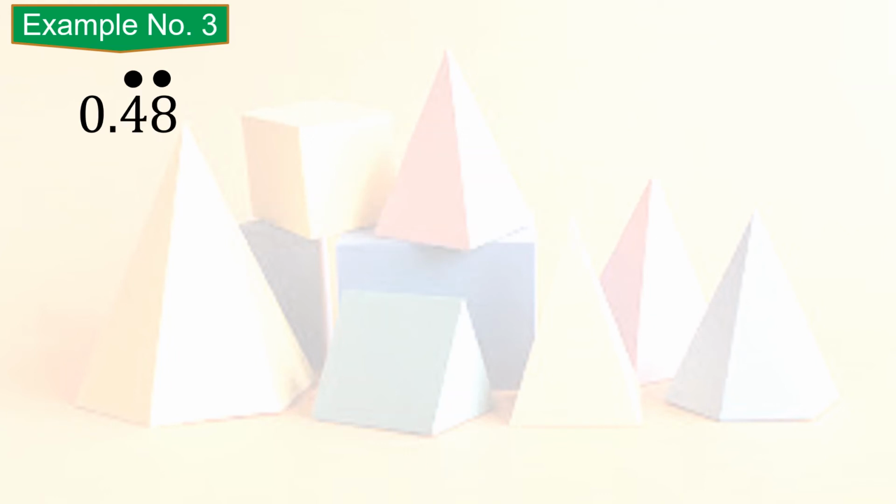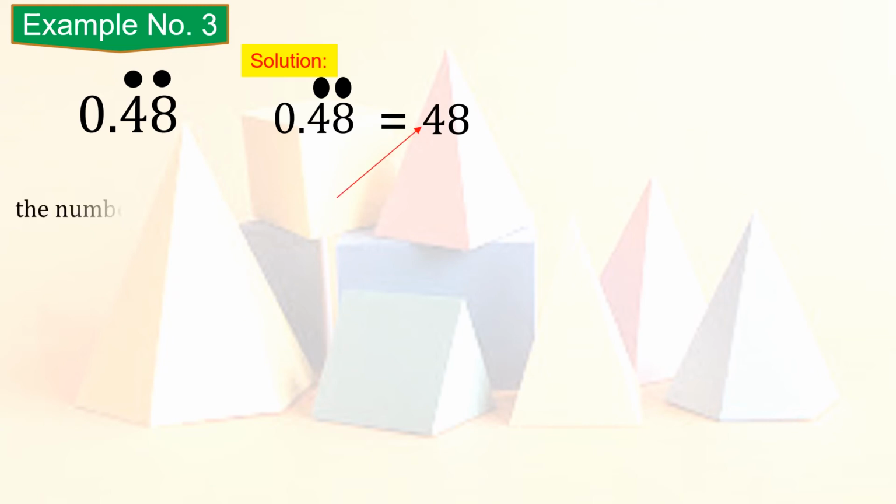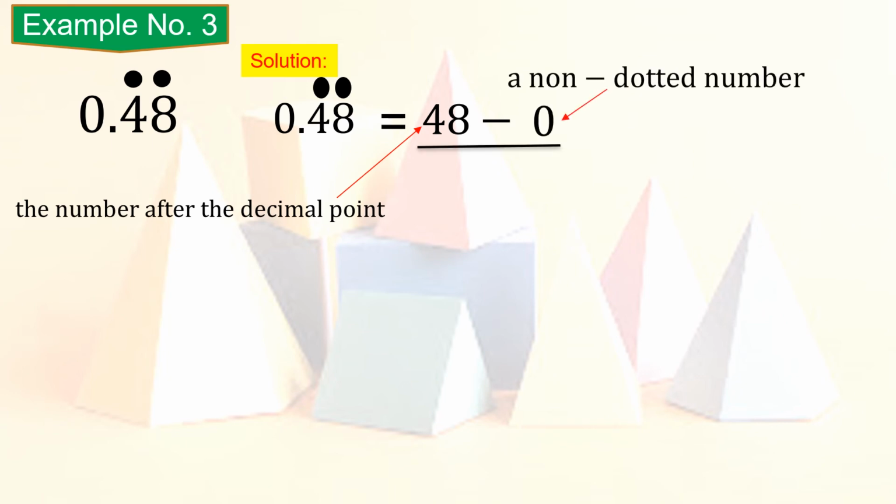Now let us have example number 3, 0.4848, meaning the digits 4 and 8 are repeated continuously. In doing this, the first step is to copy the digits after the decimal point. So we have 48 minus the non-dotted one, we don't have any, so minus 0, over, we have 2 repeating decimals, so we have two 9s in here.